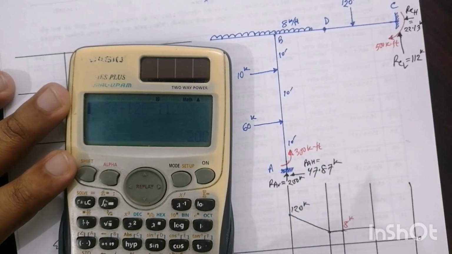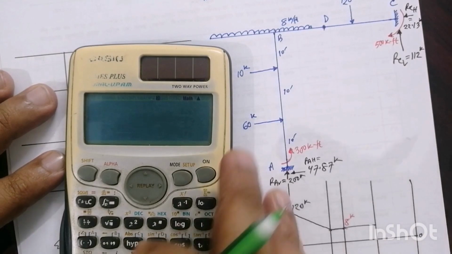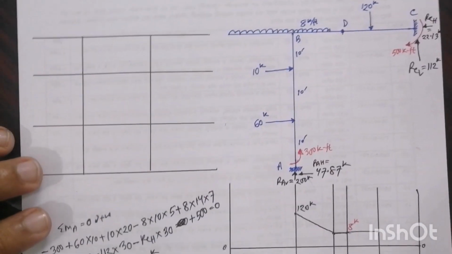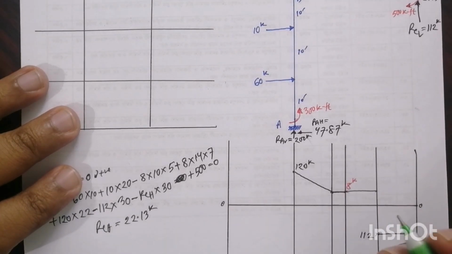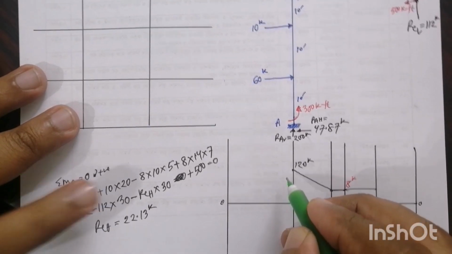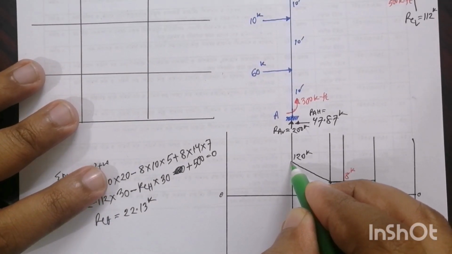Okay. Now we have all our reactions and unknowns. Now we draw our shear force and bending moment diagrams. So we are here at 120.